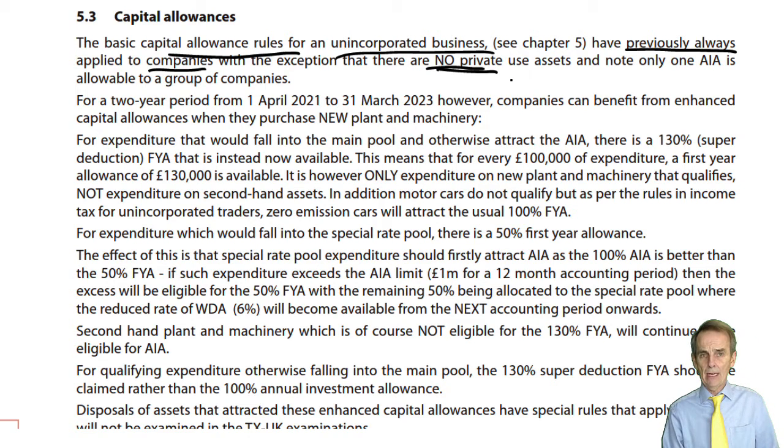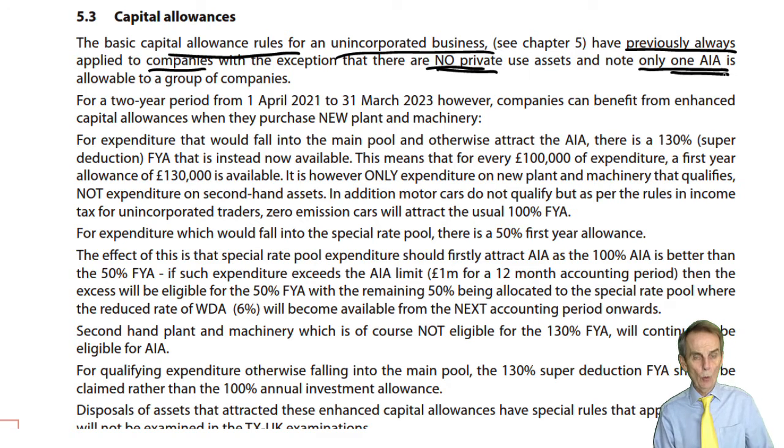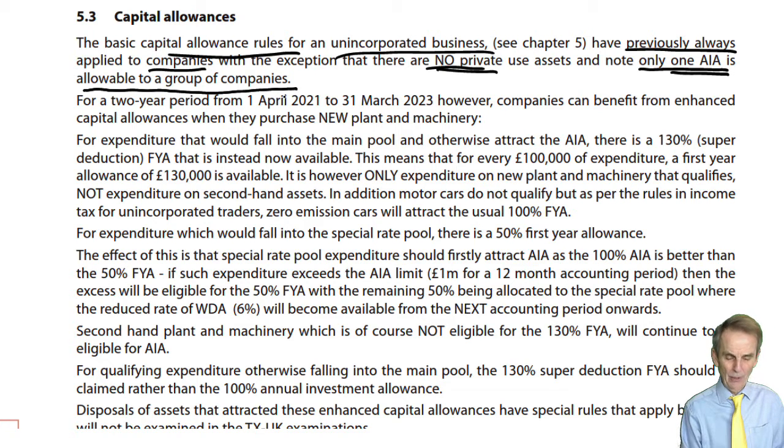Also, what remains true, but you wouldn't have known about it until now, is that there's only one AIA, up to, of course, your £1 million limit, which is for a 12-month accounting period, but only one allowable to a group of companies.